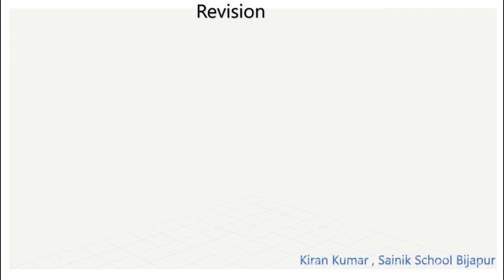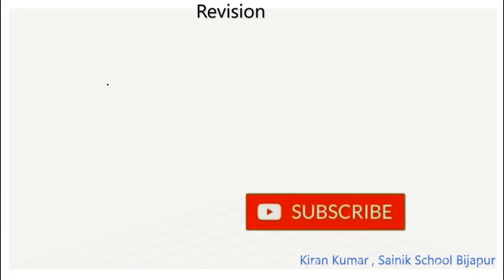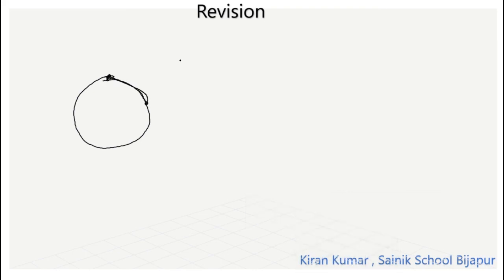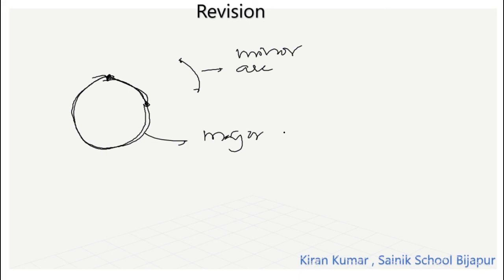For a circle, we can have two points on the circle, and this part is called an arc. The remaining part is also an arc. The smaller arc is called the minor arc, and the larger part is called the major arc.